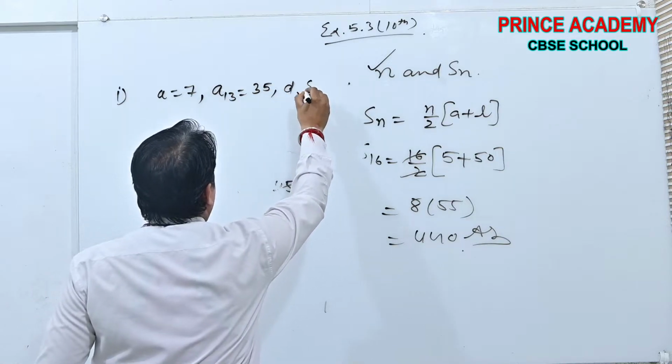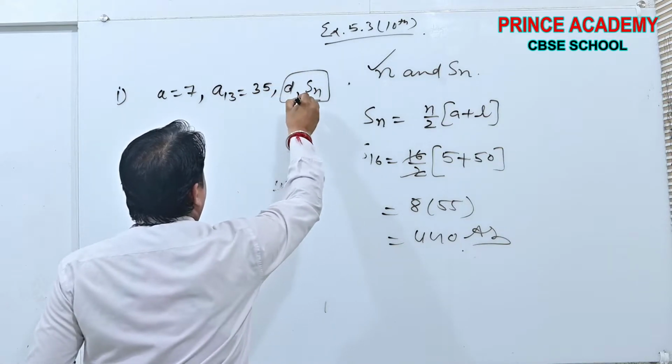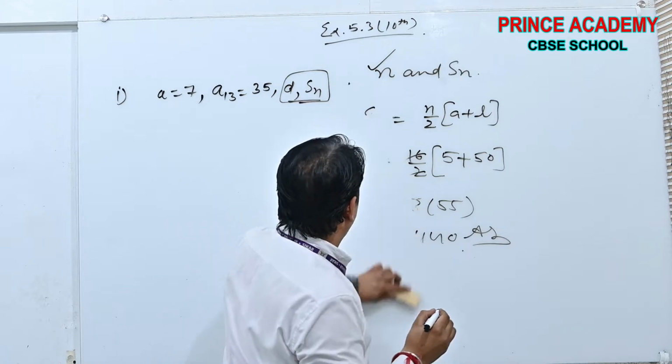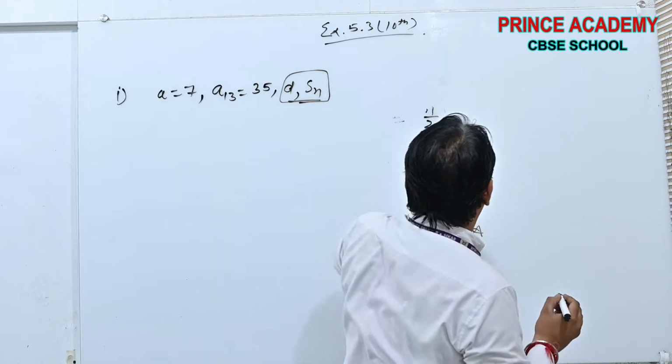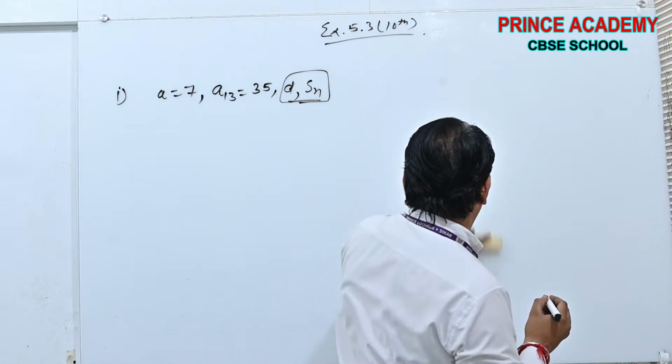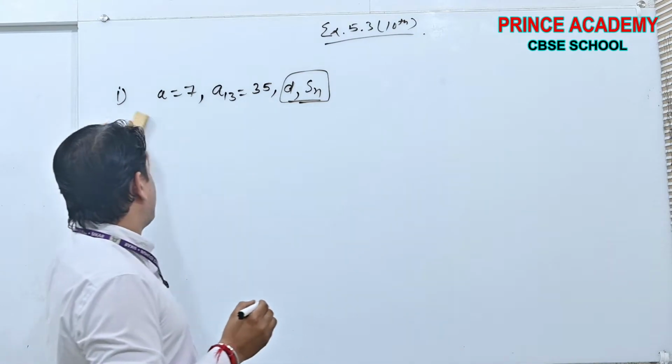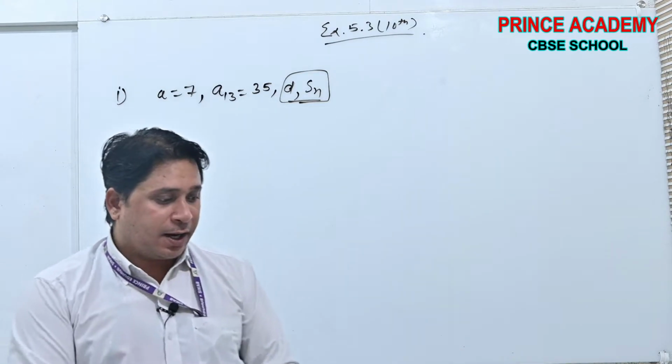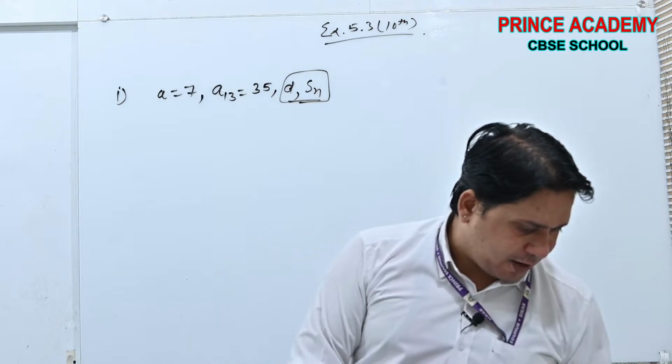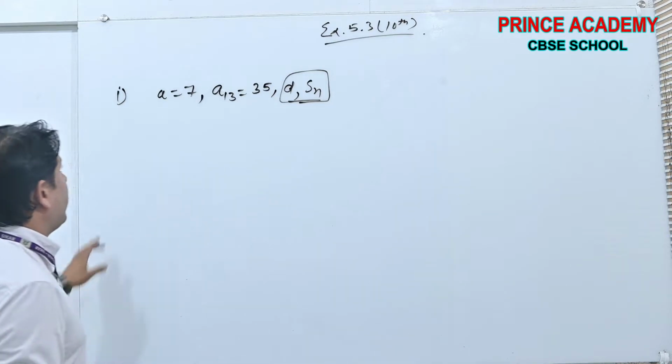Find d and Sn. These two are asked. Okay beta, if you observe the statement here in the second part, question number 3, exercise 5.3, it is asked a is 7, a13 is 35, find this.